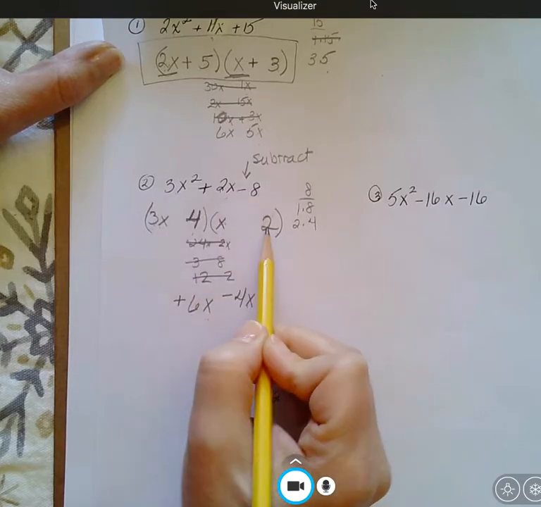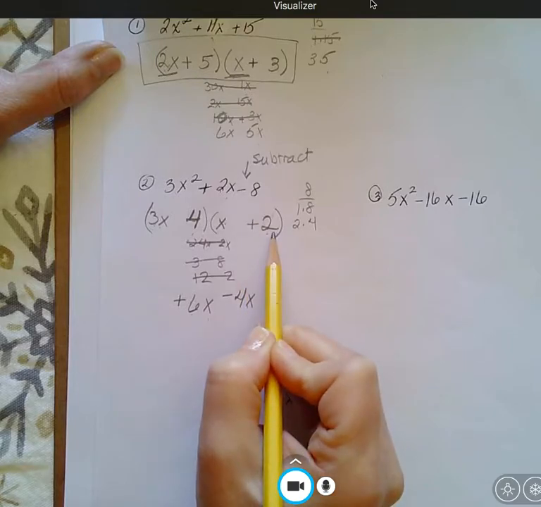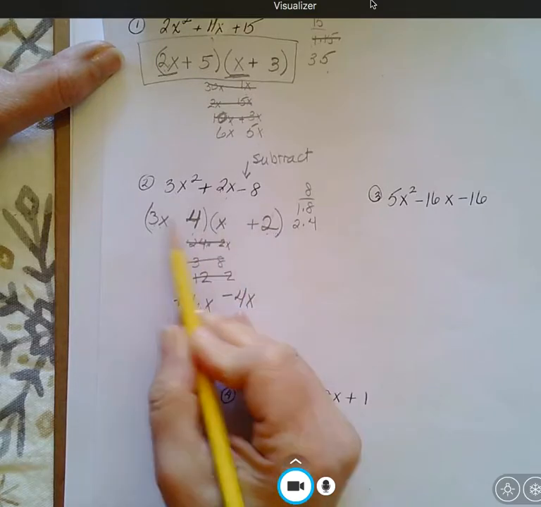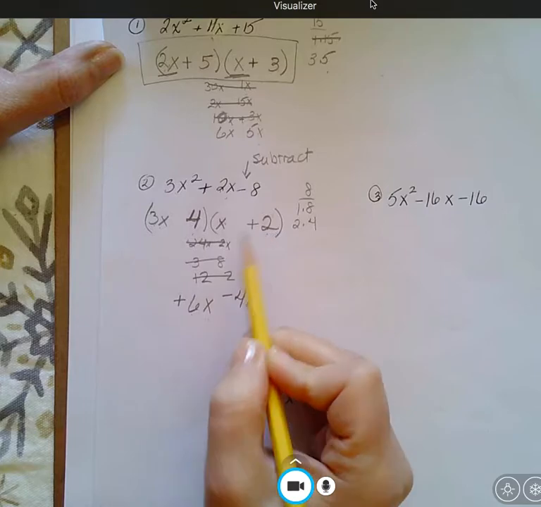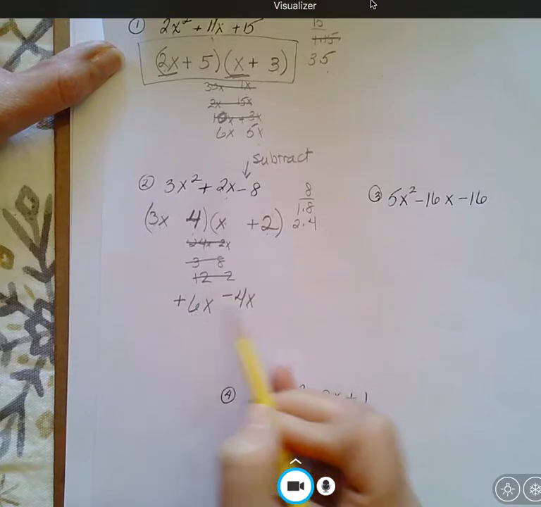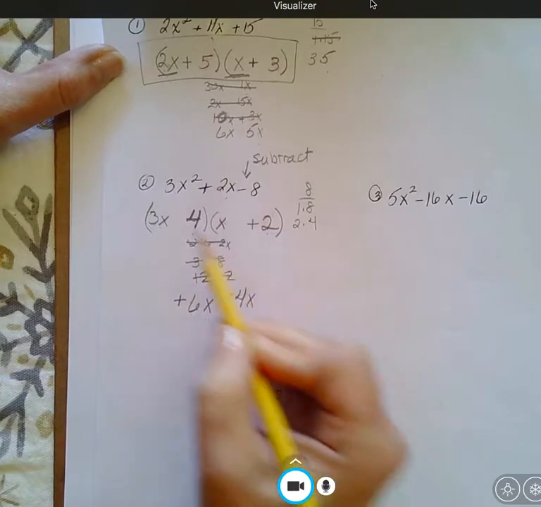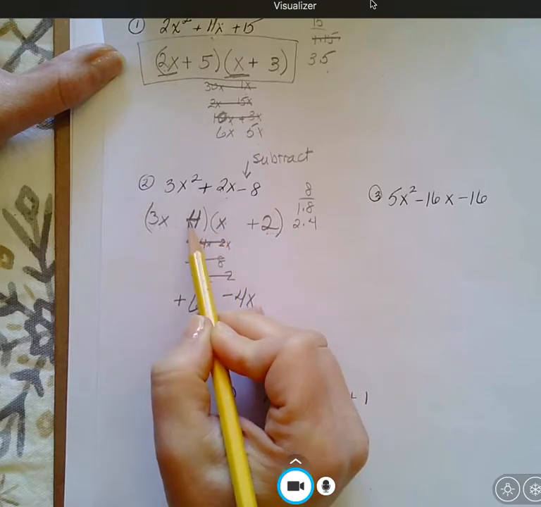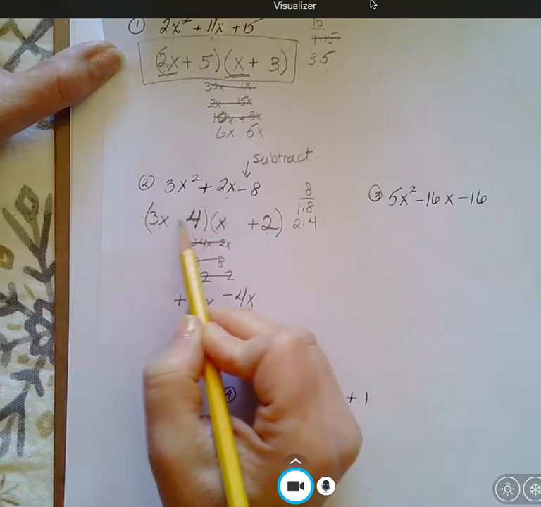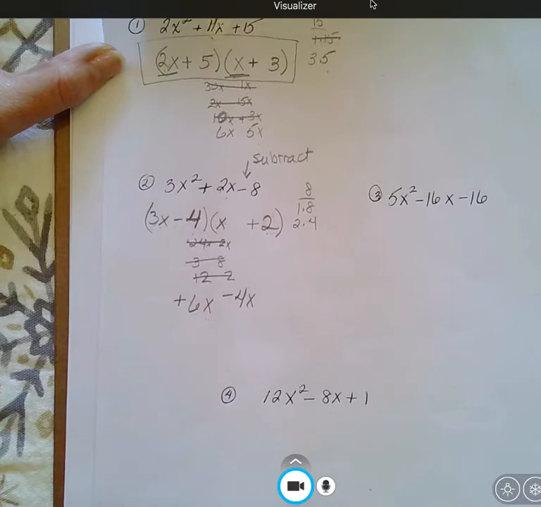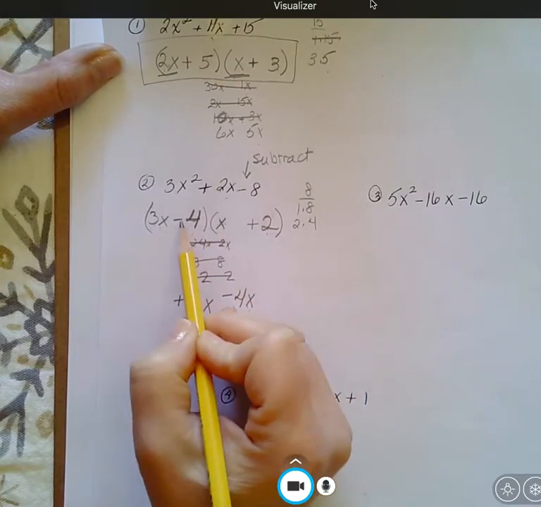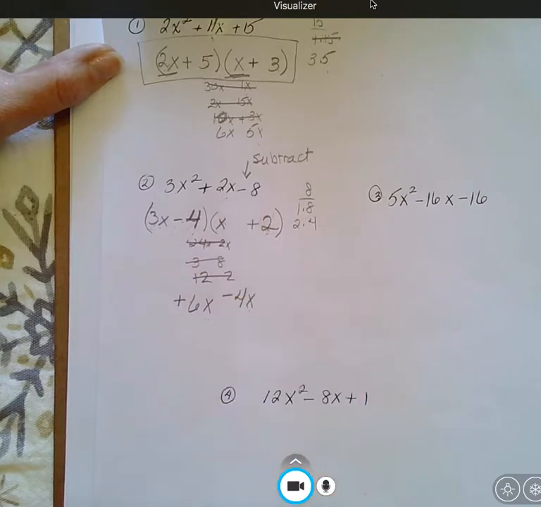So this times this has got to be a positive 2. 3 times 2 has to give you a positive 6. When you multiply to get the 4x, the x is already positive, so the 4 we'd better make negative. Then we can multiply that to get the negative 4. And negative 4 times positive 2, that's how you get that 8.